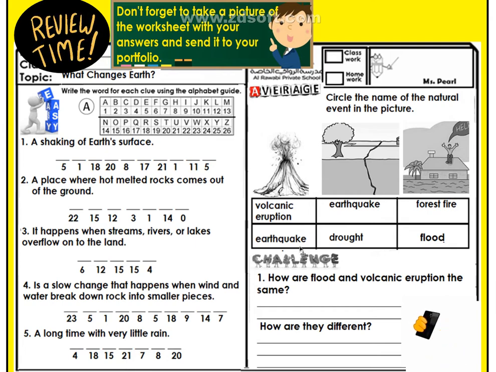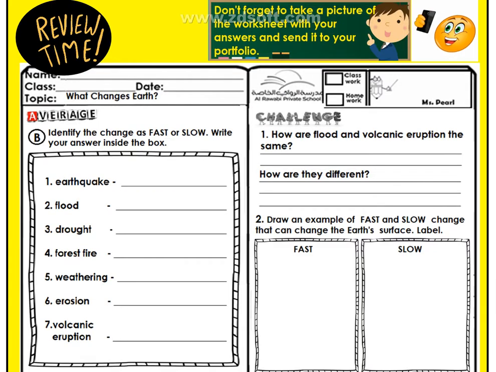Now those who are done can answer the challenge part. How are flood and volcanic eruption the same? And how are they different? Page 2 of the worksheet says that you have to identify the change as fast or slow and write your answer on the line inside the box.